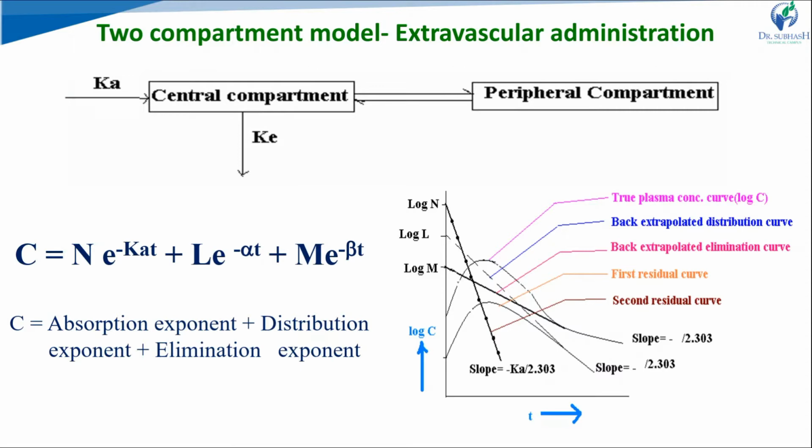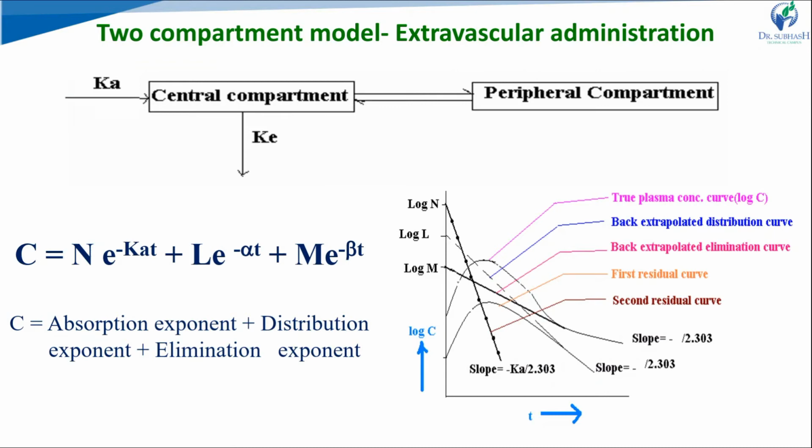From the diagram we can see that we have to go for log C versus time, then find the true plasma concentration curve, and from that the back extrapolated distribution curve and back extrapolated elimination curve. First, from the decline of the true plasma concentration curve we find the slope, and we can find the elimination rate constant, beta.